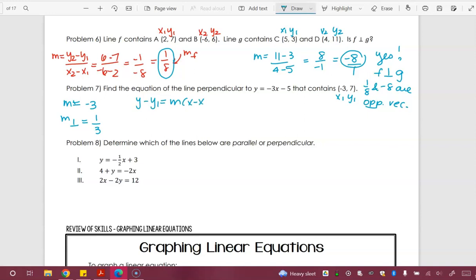We're going to substitute in y1 is 7, and our slope is 1/3, and x1 is -3. And then we can distribute the 1/3. 1/3 times 3 is 1, and then we'll add the 7 to get the y alone.